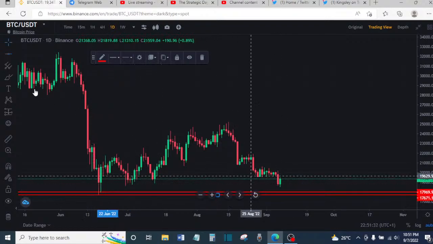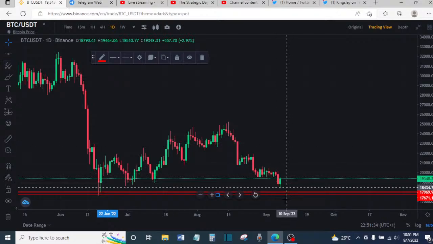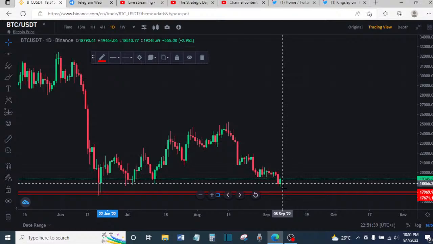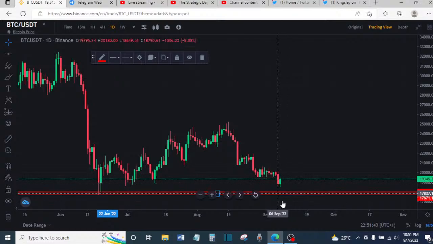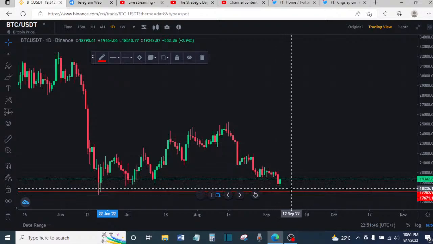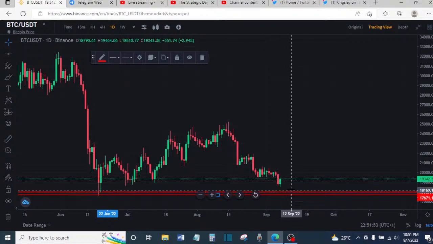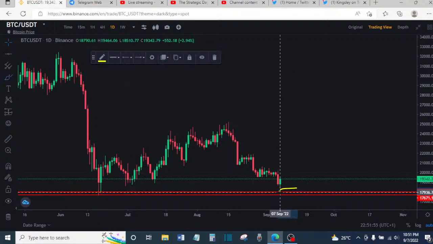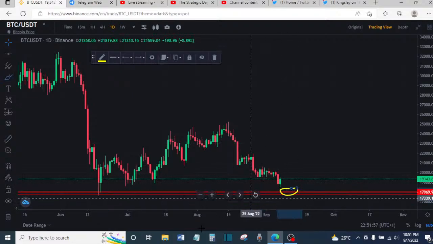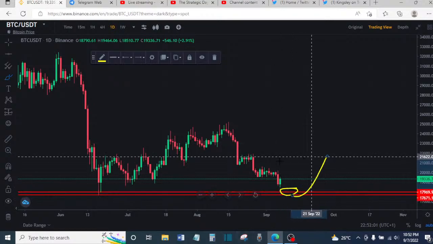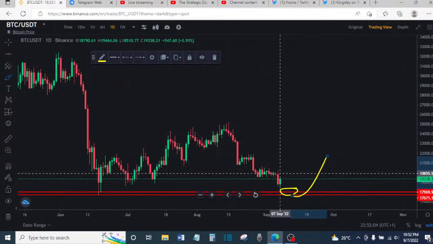But for the short-term traders, you will have to wait for price to cross this red line, form a pin bar, then the next candle will come halfway into that pin bar. So this area here will still be your buying point to go long. So that is the analysis.